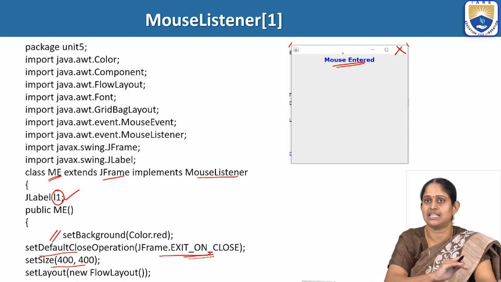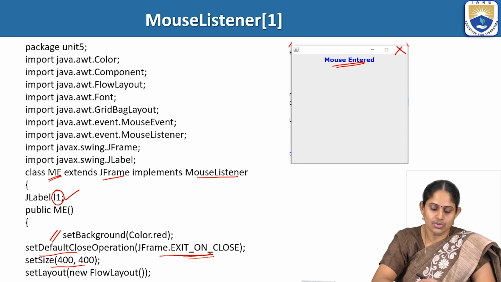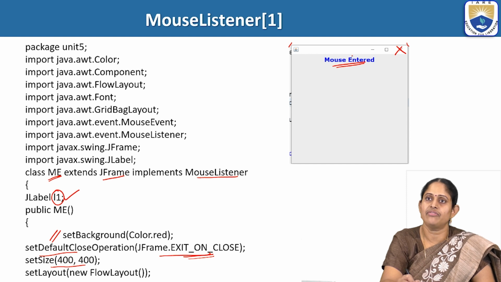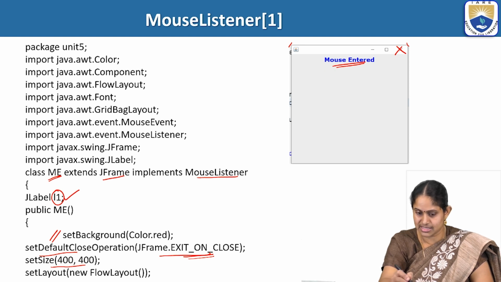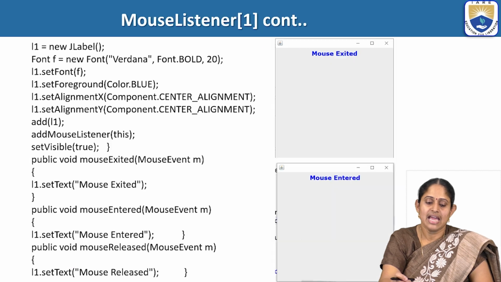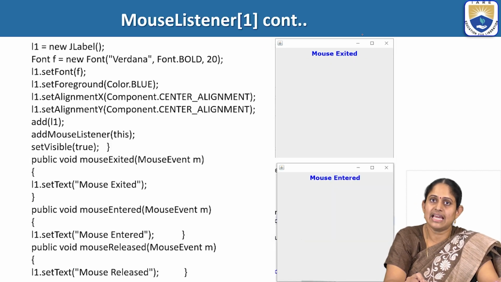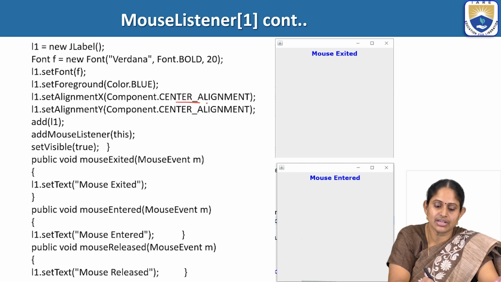Flow layout arranges the components in a line. We just have one component here, so it is single. This mouse entered label itself is taken as a single component, and we are centralizing that component, aligned in the central alignment format. That is why it comes at the middle of the window.